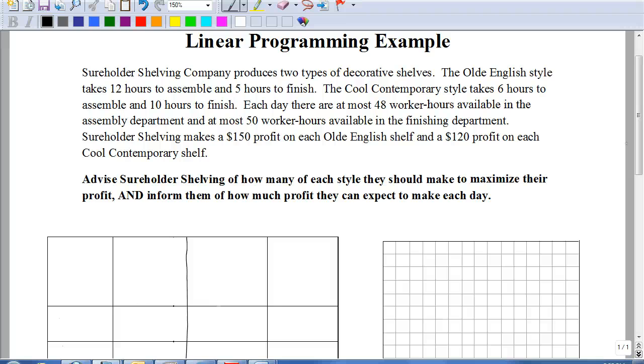Okay, so this, like I said, is going to combine everything that we've talked about so far. If you're having trouble with these, or even if you're not, the best way to start is to look to see what the function is that's going to be maximized. We're trying to figure out how to maximize their profit. So we're going to look to see what part of this paragraph talks about their profits, which is right here.